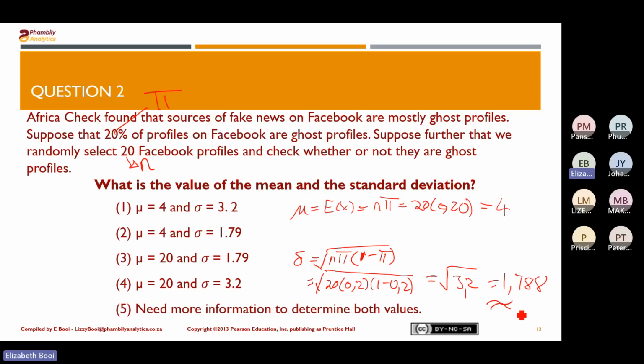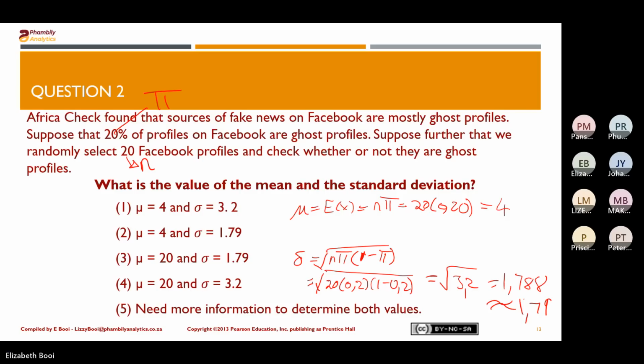And we can round it off because the answers there are in 2 decimals. We can round it off to 1.79.